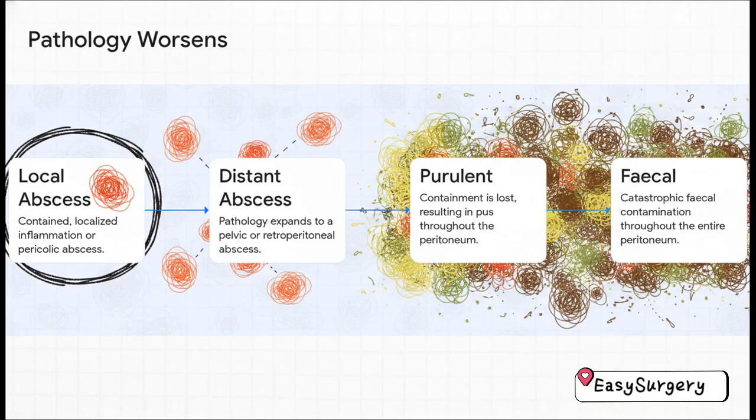Maybe it settles down in the pelvis or the retroperitoneum. Then by step 3, containment is completely lost, dumping purulent fluid, literally pus, throughout the entire peritoneum. And finally, step 4. This is a catastrophic, generalized emergency with frank fecal contamination spreading everywhere in the abdomen. So you can see it's a straight line from a local problem to a massive systemic insult.